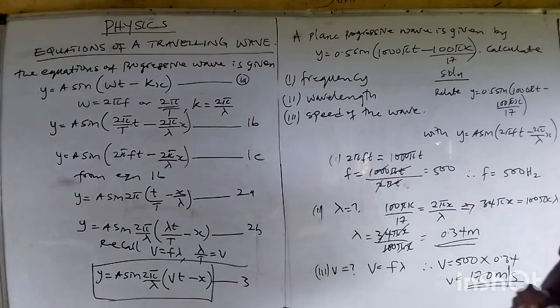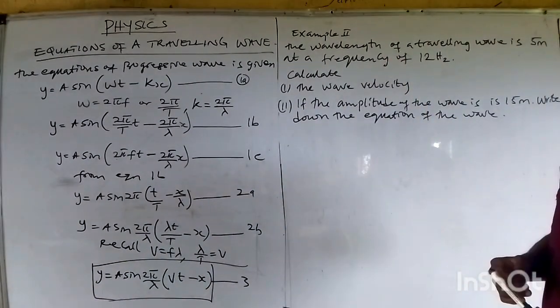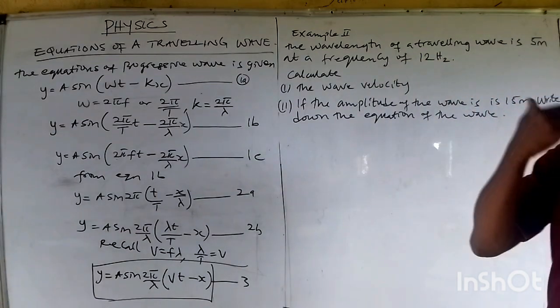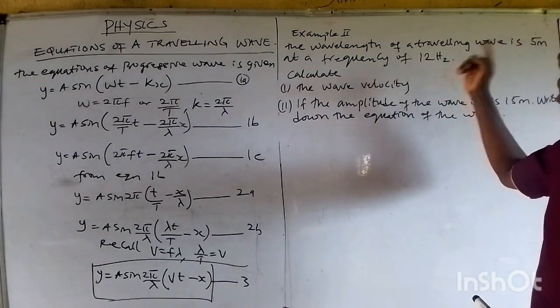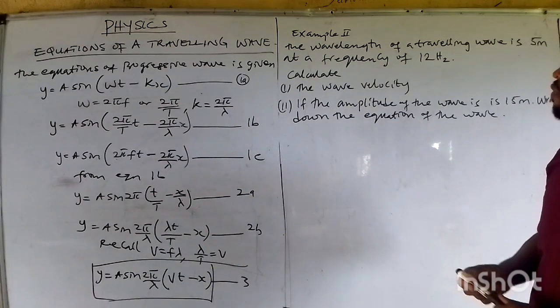We are going to take the next one. We have the second example here. The wavelength of a traveling wave is 5 meters at a frequency of 12 hertz. Calculate the wave velocity.